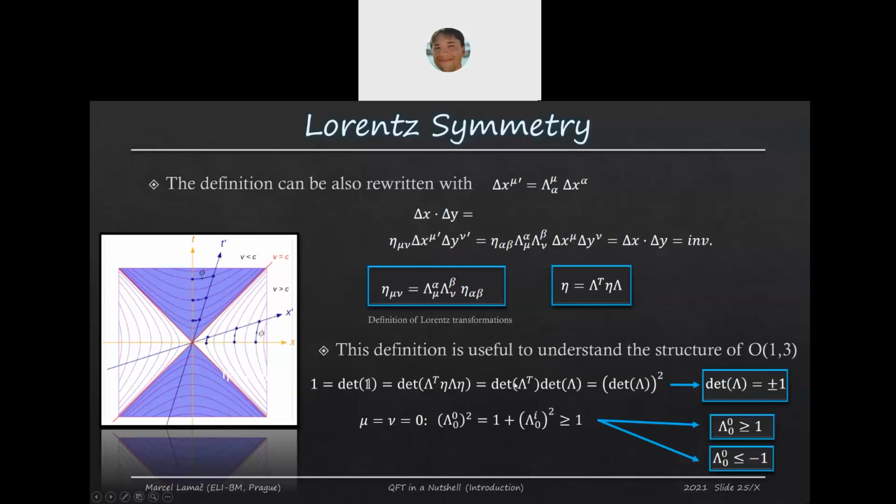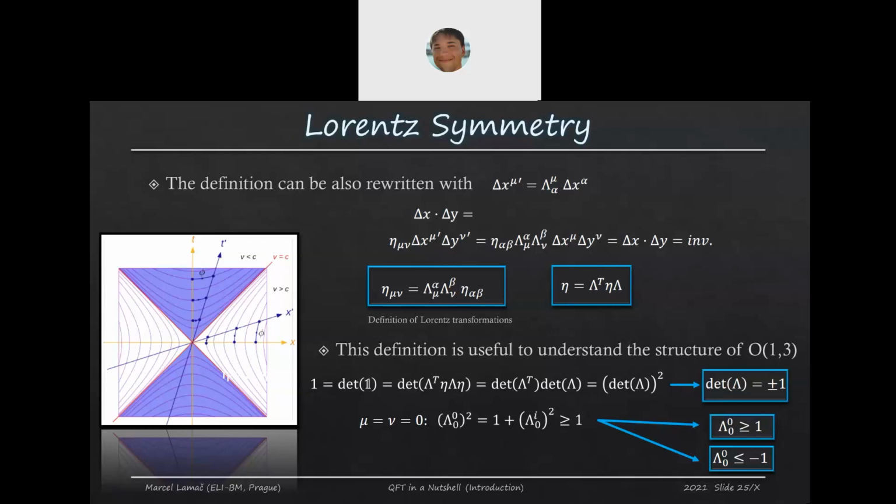There are two of them, so it is plus 1. What this leaves us with is the determinant of the transposed and the determinant of the non-transposed. And this is simply the square of the determinant of the Lorentz transformation. So this gives us that the determinant of any Lorentz transformation is equal to either plus or minus 1. Okay, for the moment that doesn't seem that interesting, or like what could come out of this, right?